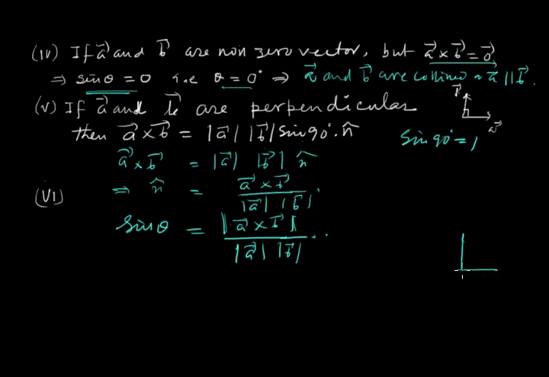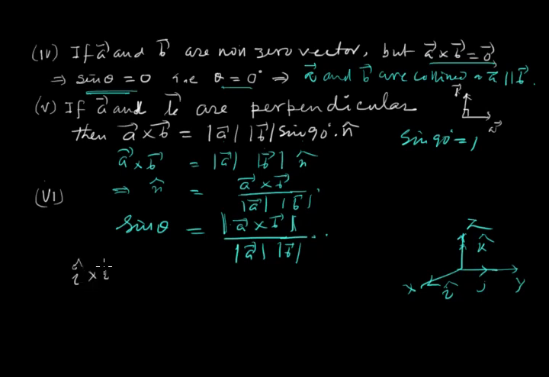Now, if you look at this, along the x-axis we define i cap, the unit vector, along the y-axis j cap, and along the z-axis k cap. So now we'll check what the relations are between their cross products.